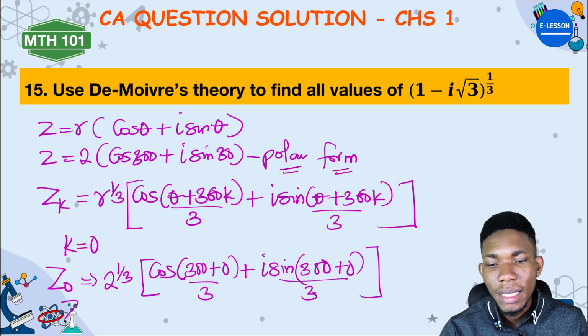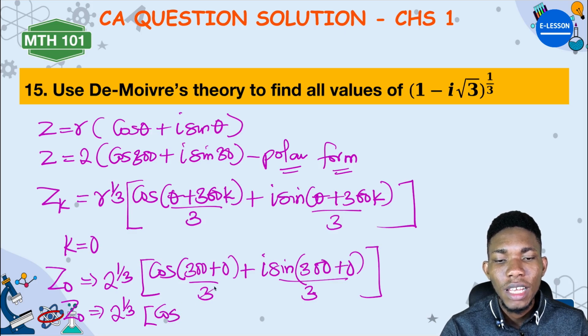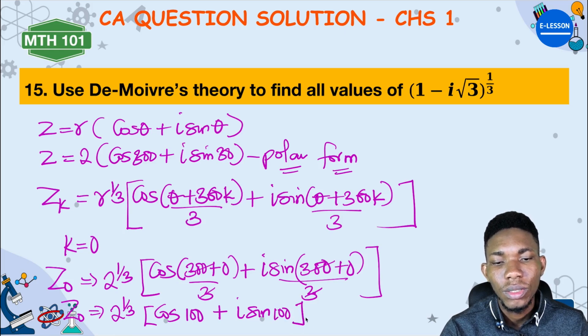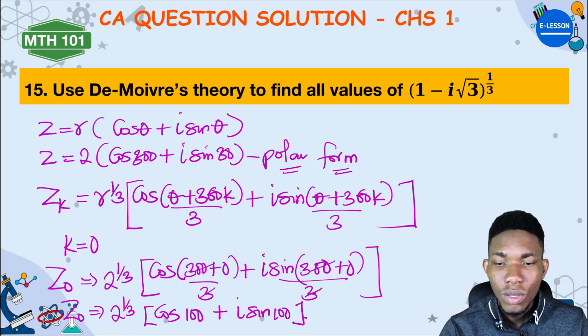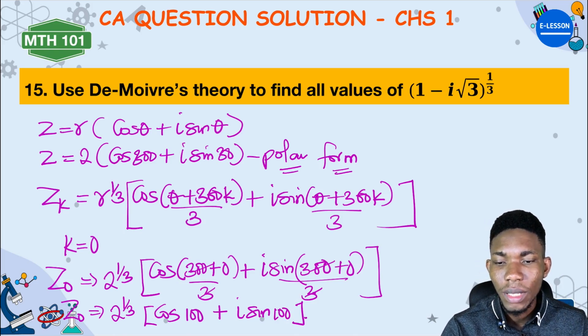So when k is 0, this will be 2 raised to the power of 1 over 3, bracket cos 300 divided by 3 will give us 100, plus i sin 300 divided by 3 will also give us 100. Is that okay? So this is our Z0.